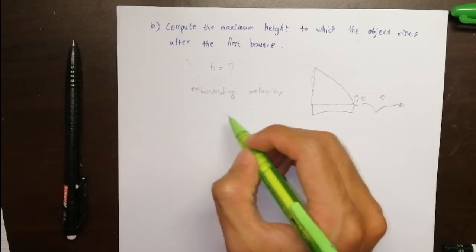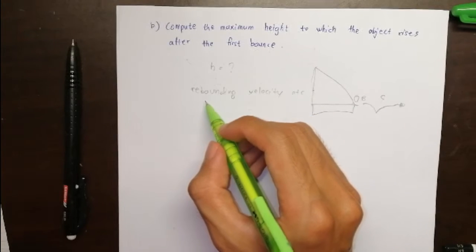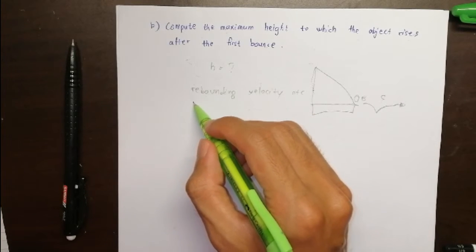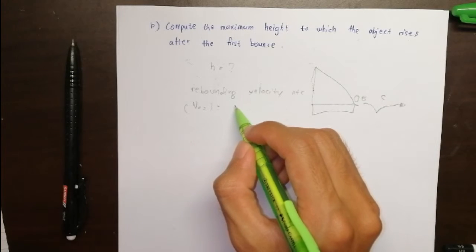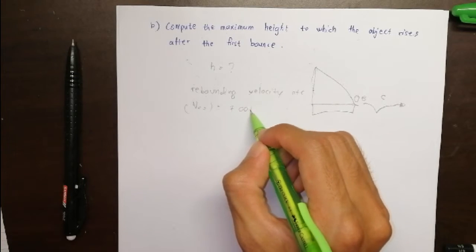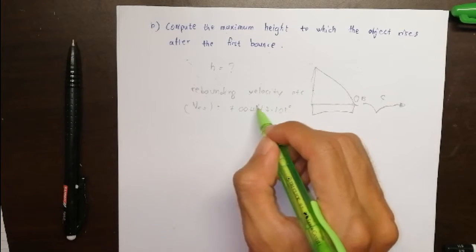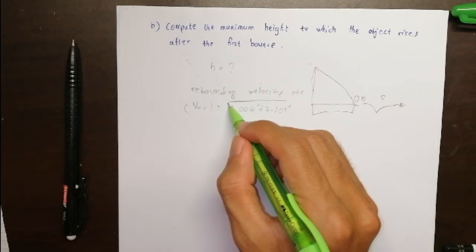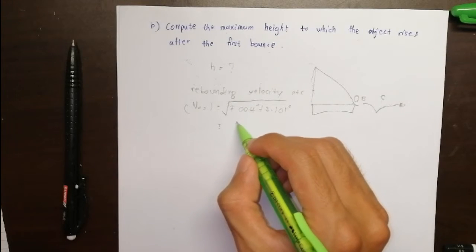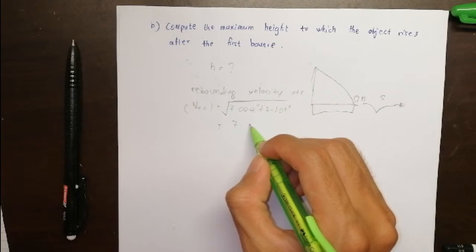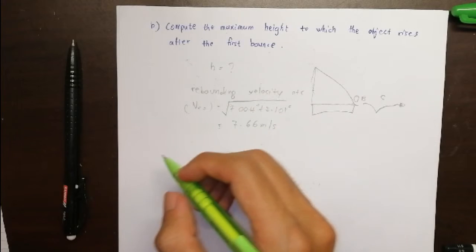So in order to find the rebounding velocity at C, we straight away put this equation: vC2 is equal to the square root of 0.004 squared plus 3.101 squared, and we will get the answer 7.66 meter per second.